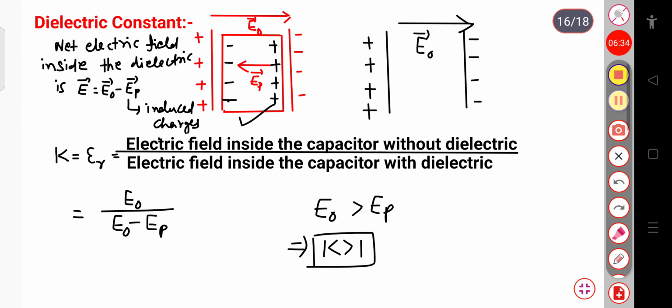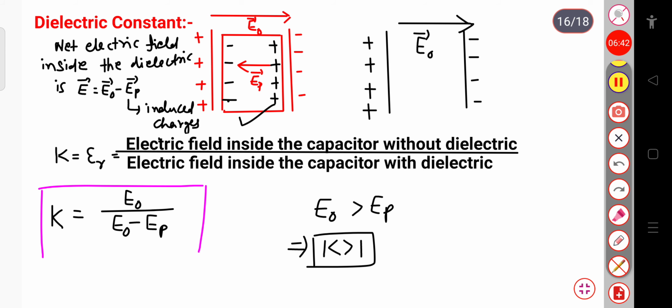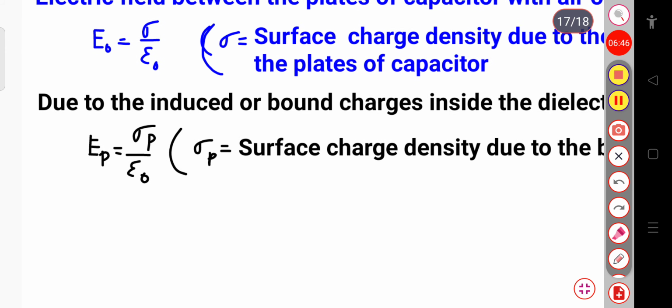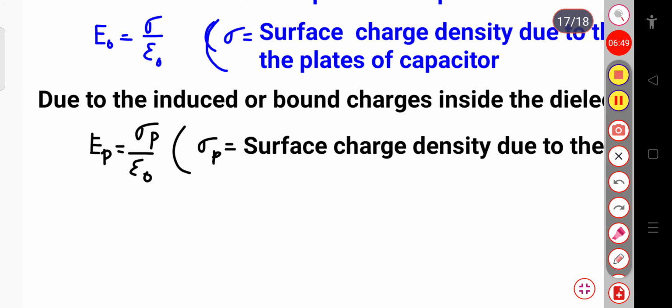And here we have calculated that this dielectric constant K is equal to E naught divided by E naught minus EP.